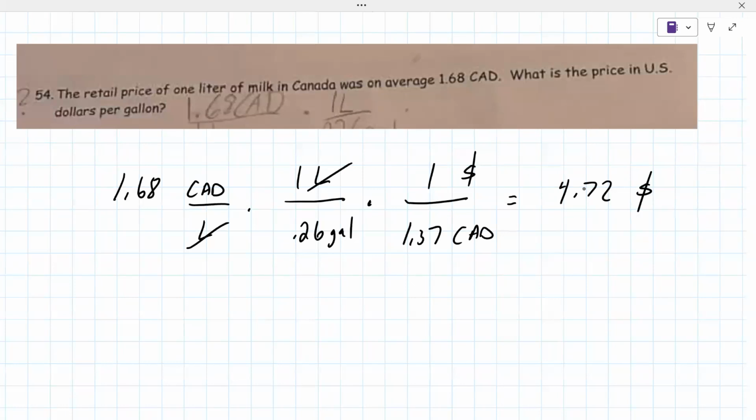That's $4.72. Got it. $4.72 per gallon. Yes, per gallon, thank you.